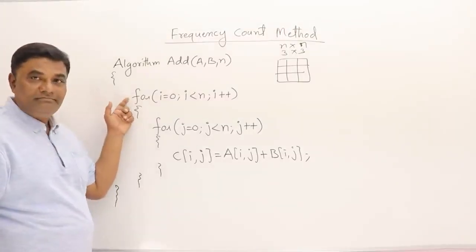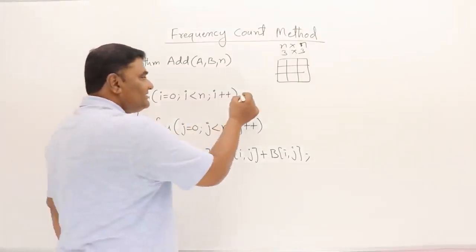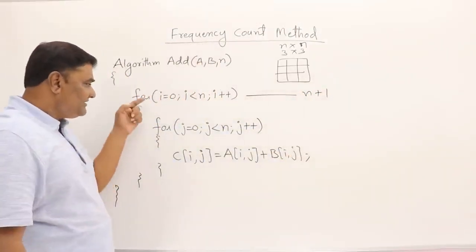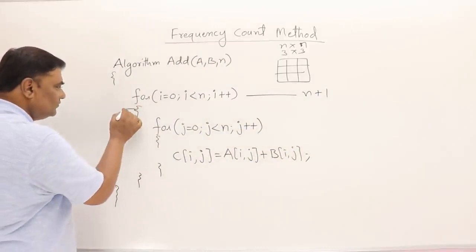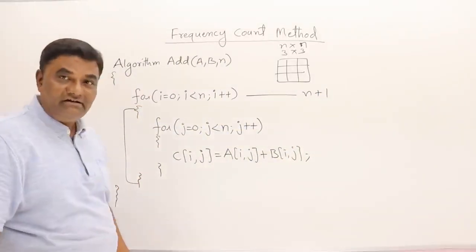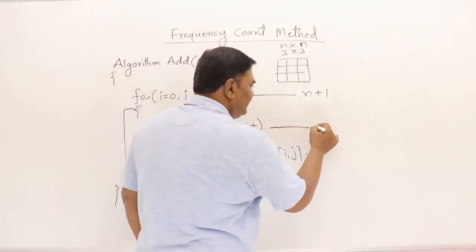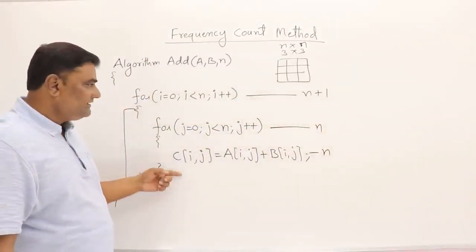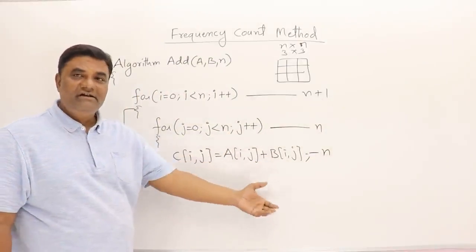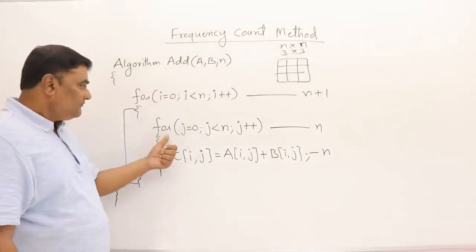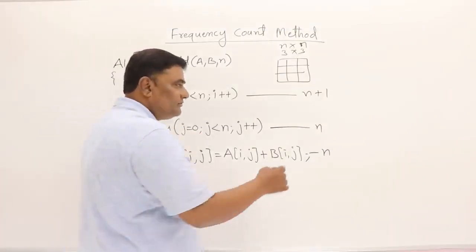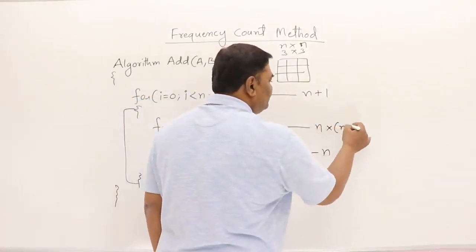The for loop, already we know, will take n plus 1 time. Now whatever is inside this loop will execute n times. This is n, this is also n. Two statements are there, each taking n. Then this is again a loop, so for this also n plus 1.